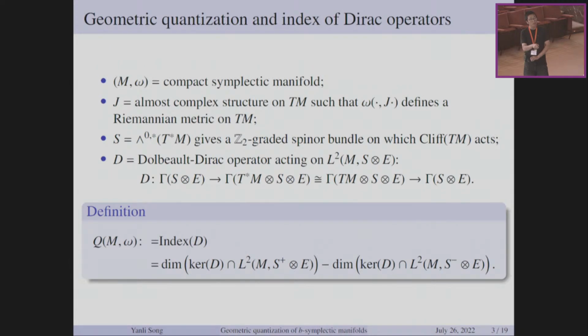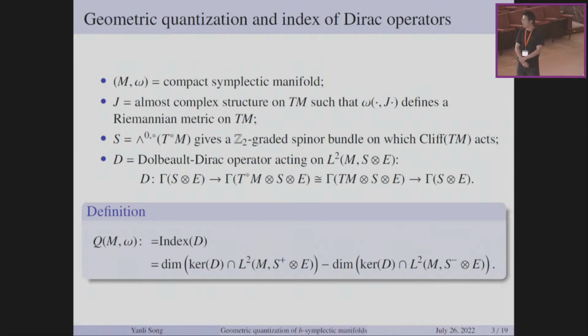The tangent bundle acts on this spinor bundle, so that it gives a section of E tensor S again. The composition of these maps, we call the Dirac operator, acts on this space. This operator is a first order differential operator. It is self-adjoint and elliptic.